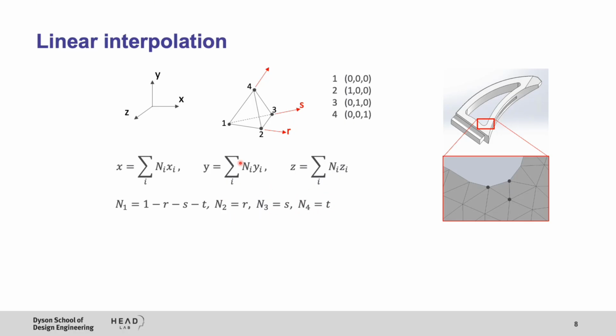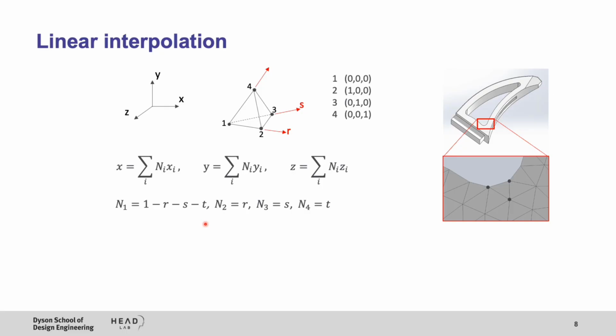And if you insert this into these equations, you will see that it will work fine. So you will have the coordinate of node number 2, X, Y, and Z, and so on. These shape functions are linear. So you can see they are linear functions of R, S, and T. Hence, we say that a 4-node tetrahedral element is a linear element, meaning that its interpolation is linear.